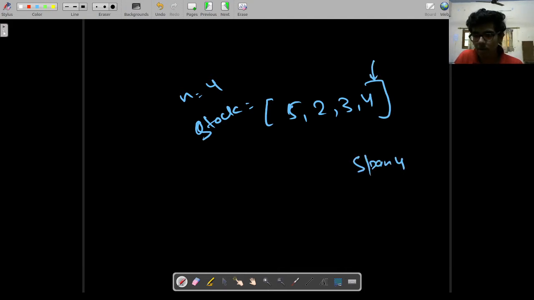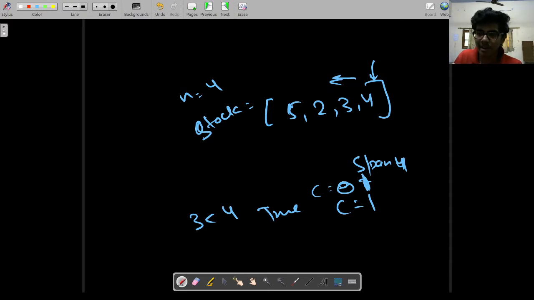For this, I have to move from just before the 4. If I move from here, I see that 4 is greater than 3. This means it is true, so my count has increased to 1. Initially it was 0, now it is 1.